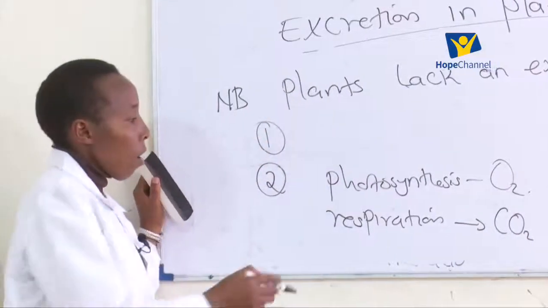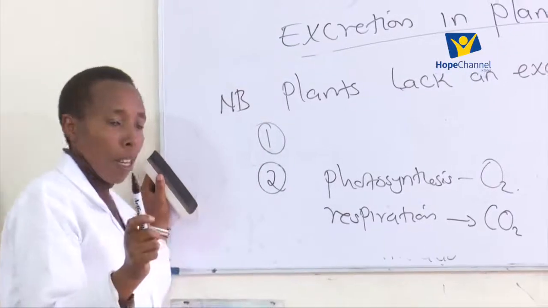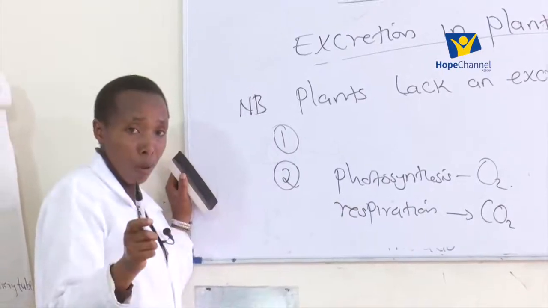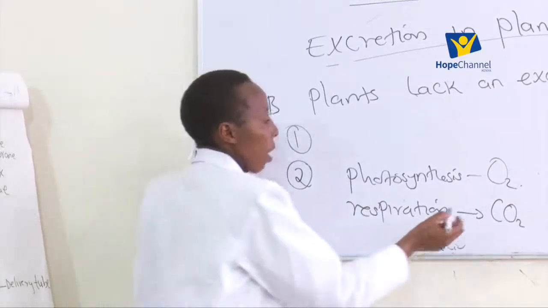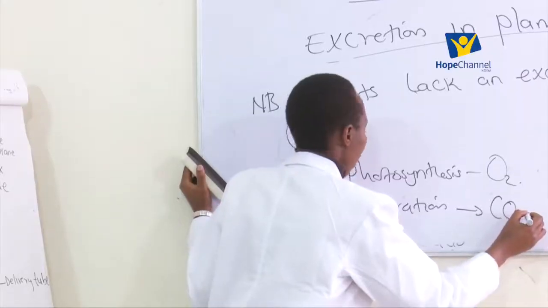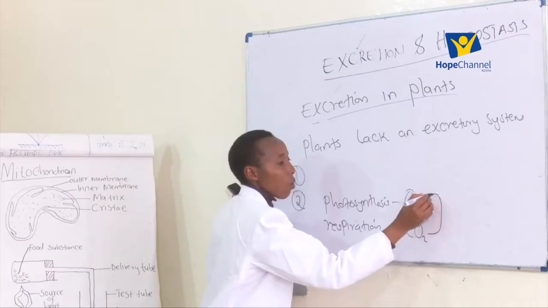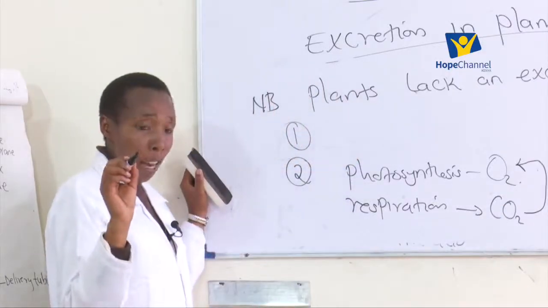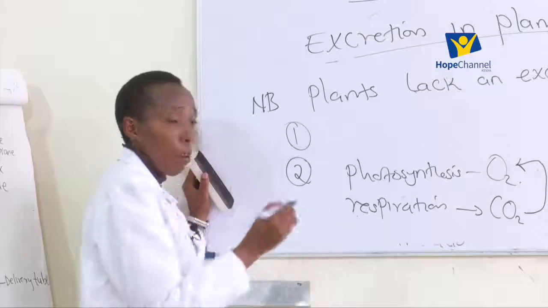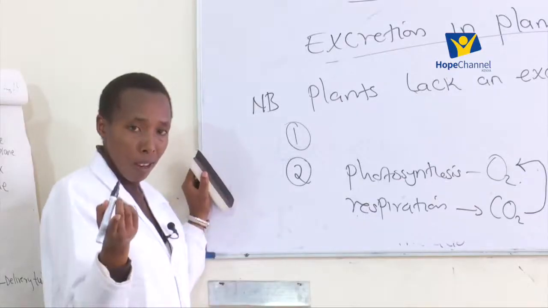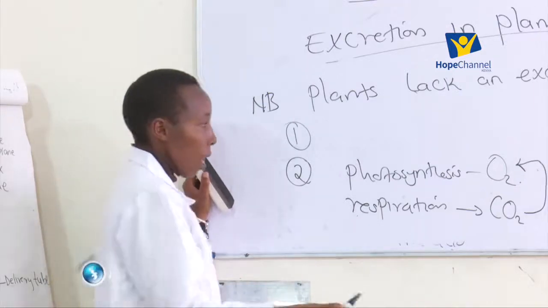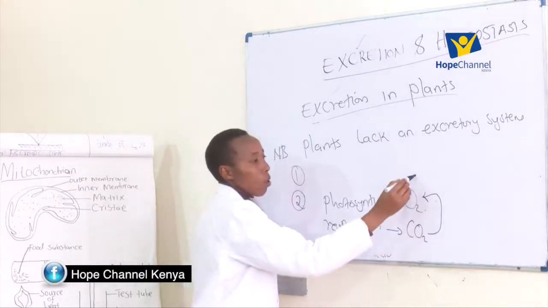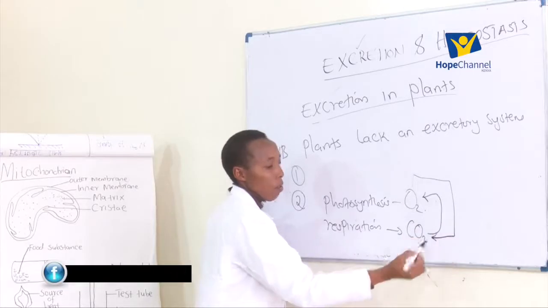But photosynthesis is a process that requires carbon dioxide as a raw material. So what does that mean? The carbon dioxide that is released from respiration can be used for photosynthesis. While respiration is a process that requires oxygen. So what does that mean? It means that the oxygen that is produced during photosynthesis can also be used during respiration.